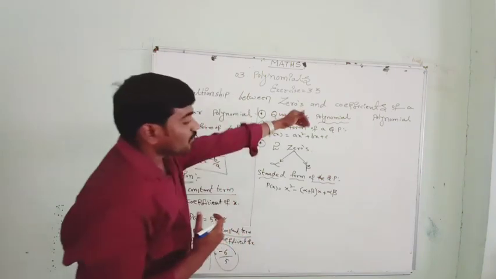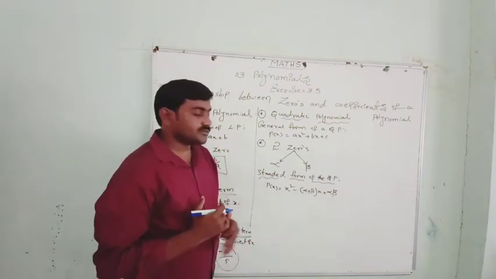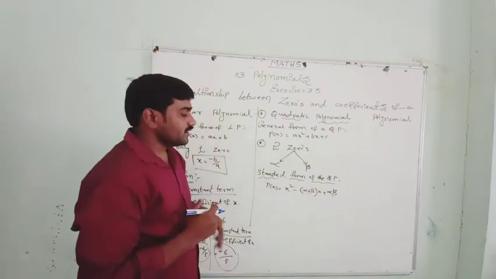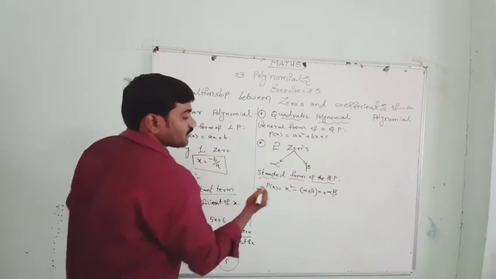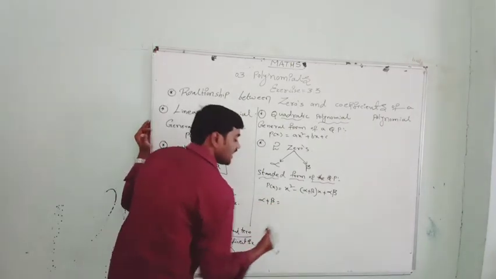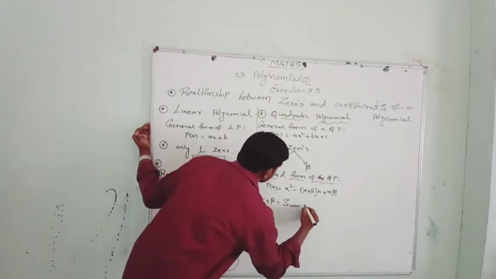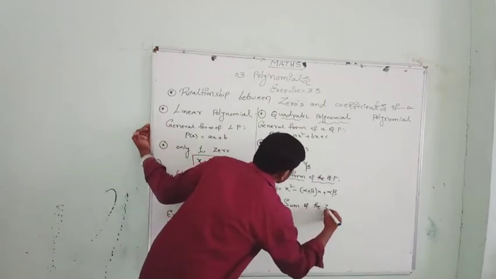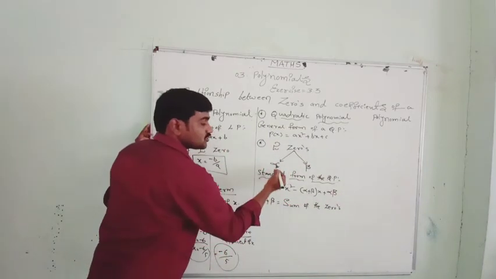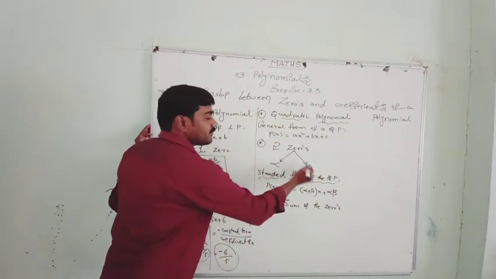See here, what is the meaning of alpha plus beta and what is the meaning of alpha beta? Alpha plus beta says that it is the sum of the zeros. We are adding two zeros now. Alpha is one zero and beta is the other zero.